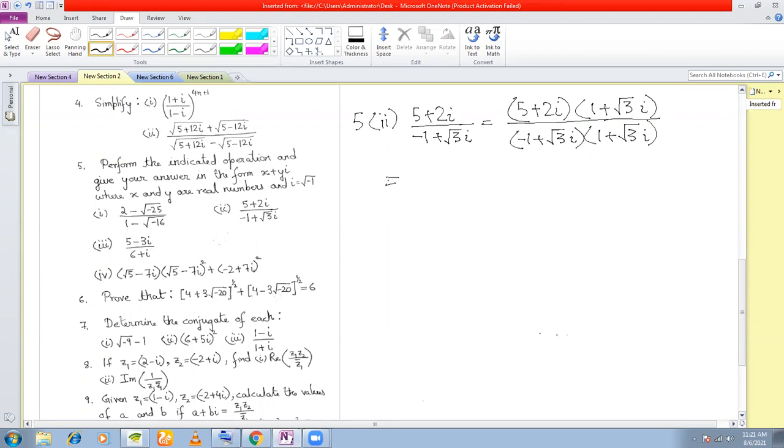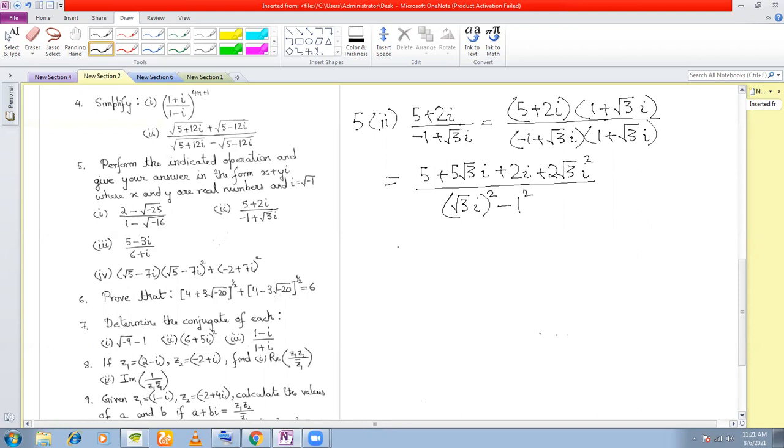Okay. So now you can multiply the numerator as it is to get 5 plus 5 root 3i plus 2i plus 2 root 3i square. And in the denominator, you are going to get a square minus b square form. Which one is a? If you see, a here is root 3i, and b is 1.